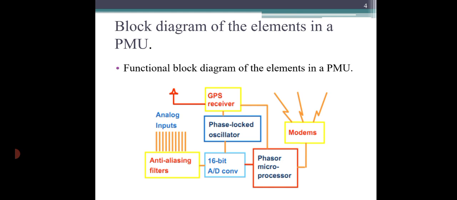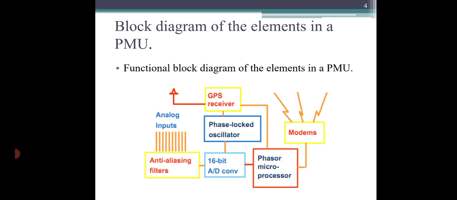Next is a block diagram of elements in a PMU, meaning phasor measurement unit. A functional block diagram of elements in a PMU. In this, analog inputs, anti-aliasing filters, GPS receiver, phase lock oscillator, 16-bit A to D converter, phasor microprocessor, modem, etc. These elements are used.